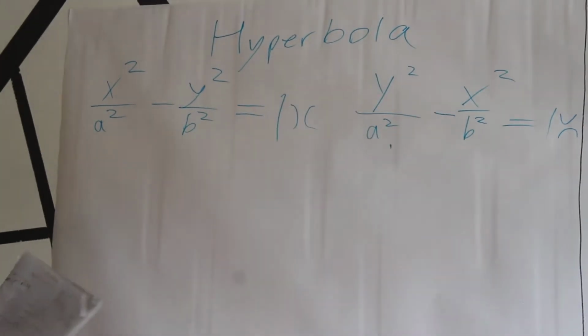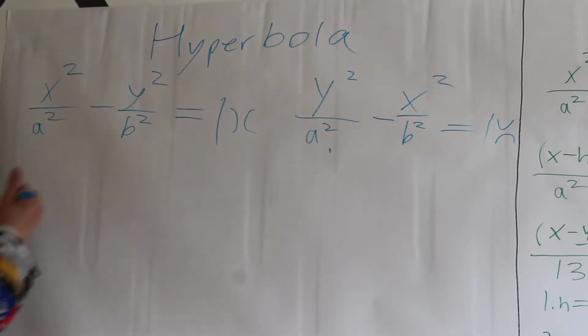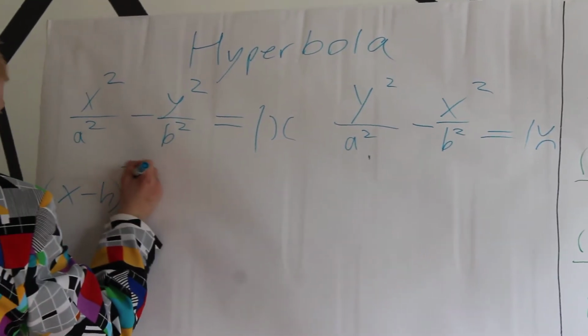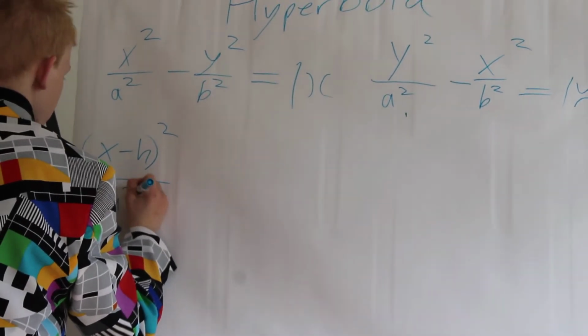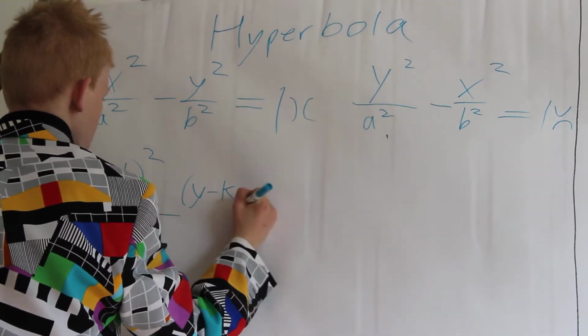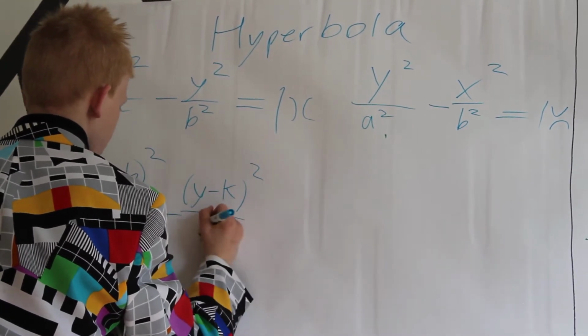So now the ones with h and k, all you're doing is the same idea. X minus h, look at that. We got the same thing again. Over a squared minus y minus k squared over b squared.